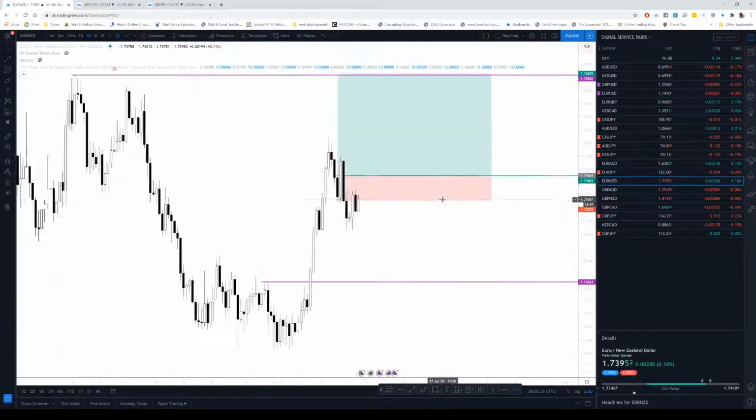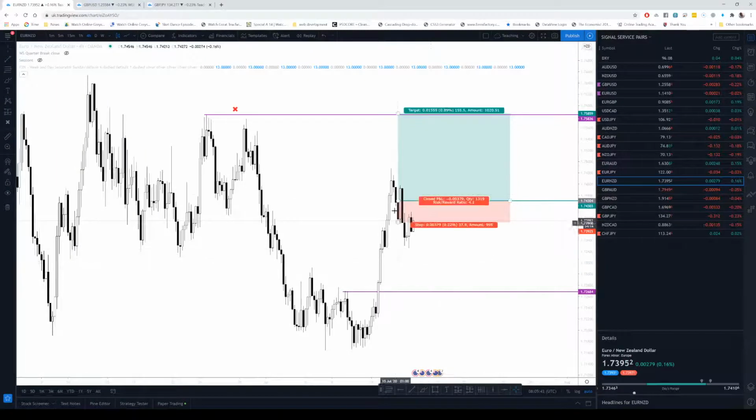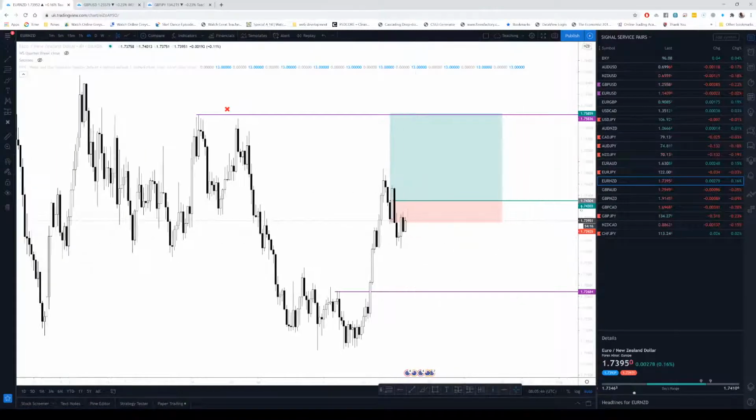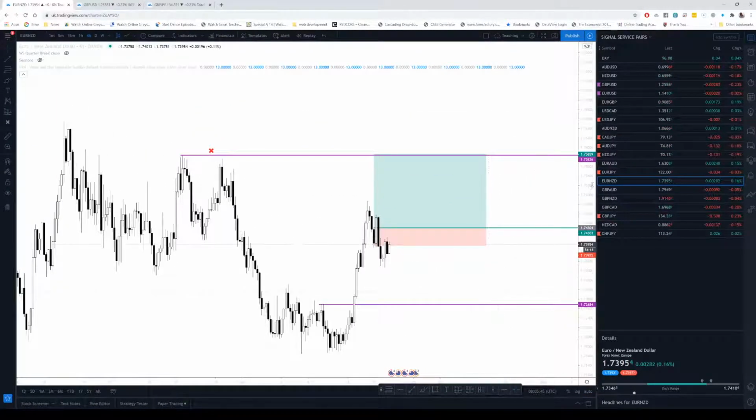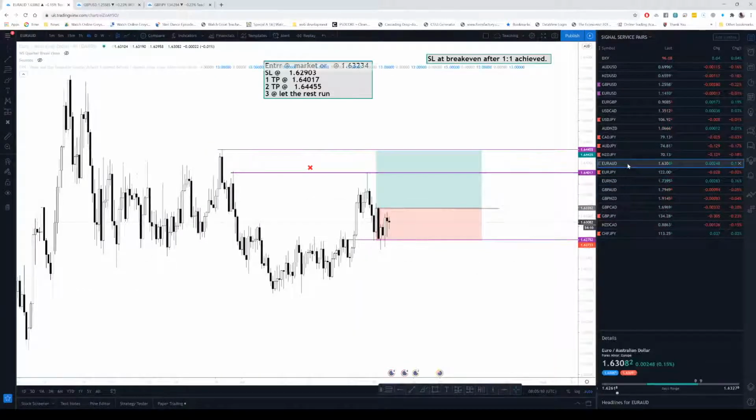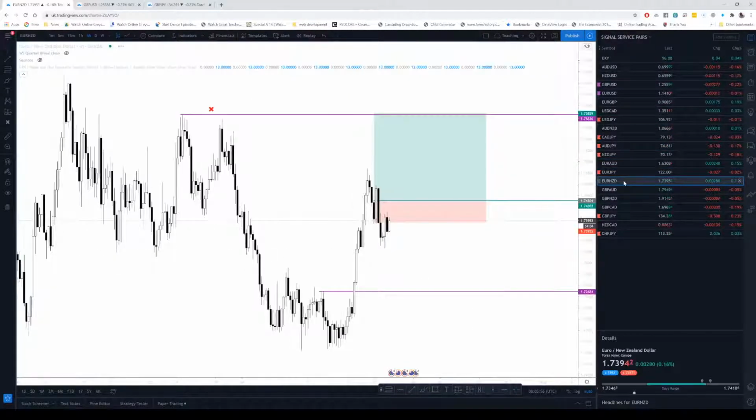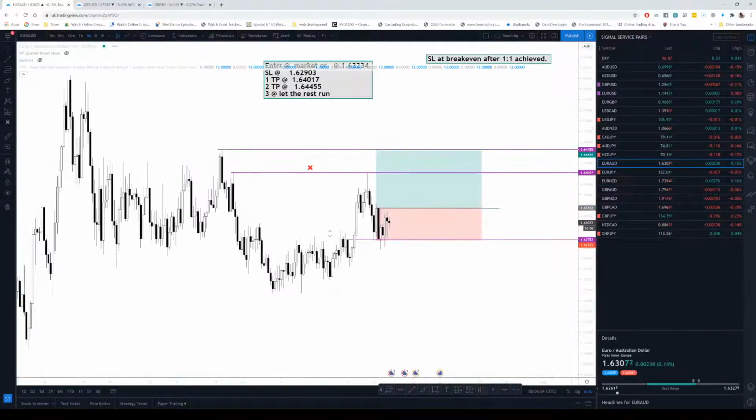Euro New Zealand. I did plan out a trade on this, but between the Euro Aussie and the Euro New Zealand, the one I preferred was this one. That's why I didn't send out that. I preferred Euro Aussie to Euro New Zealand because price action was clean here. Push up, retracement.